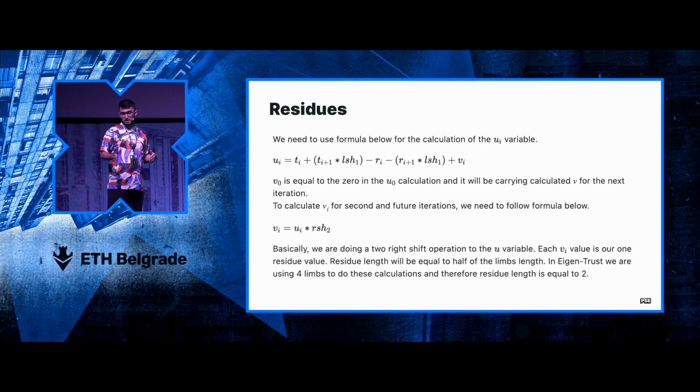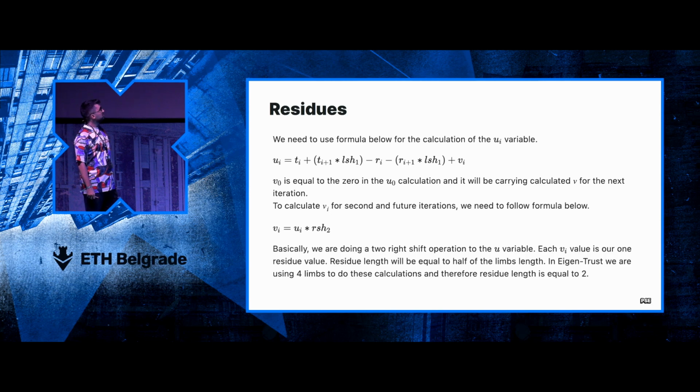At the end, we get such a number with 2 limbs, not 4 limbs this time. Residues are reduced to half the size of the original limbs. If you have 8, it will be 4, but in our case, we have 4, so the length of limbs will be 2. And we will follow this formula to build our residues.